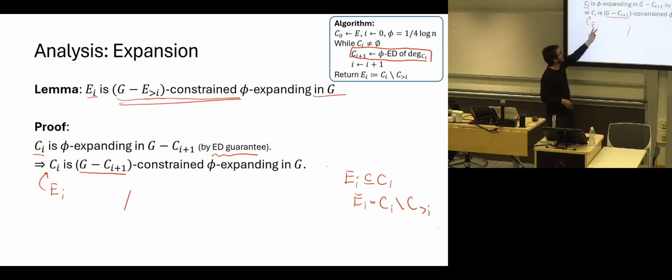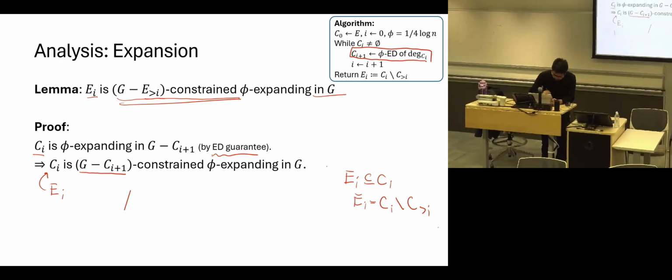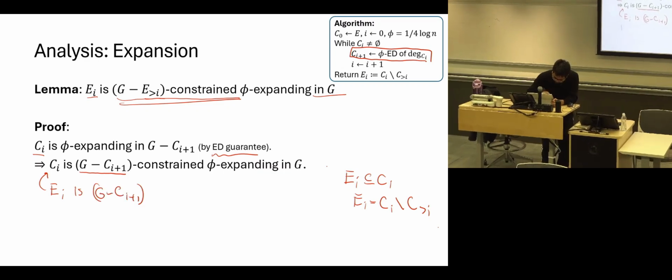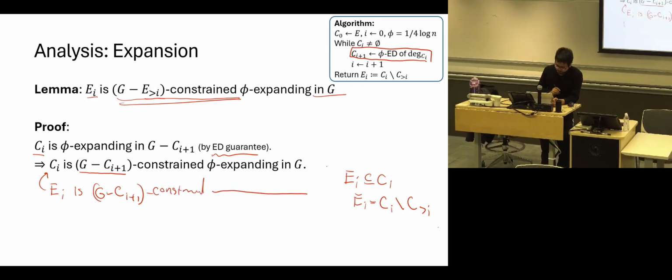But Ei is all edges that were promoted to level i and not further. So Ei is expanding in G minus C with this constraint too. But G minus C is a subset of G minus E more than i.